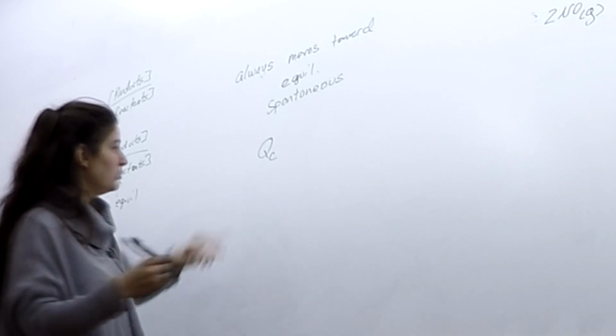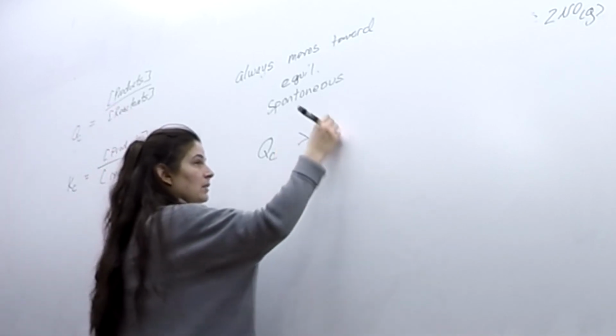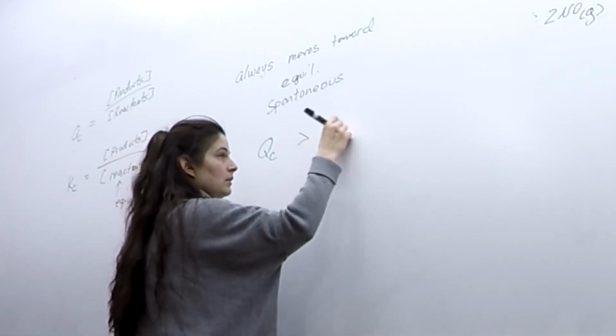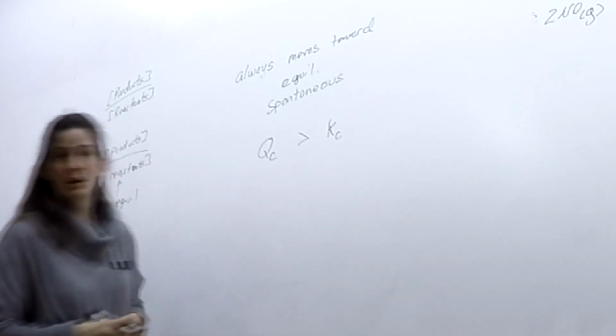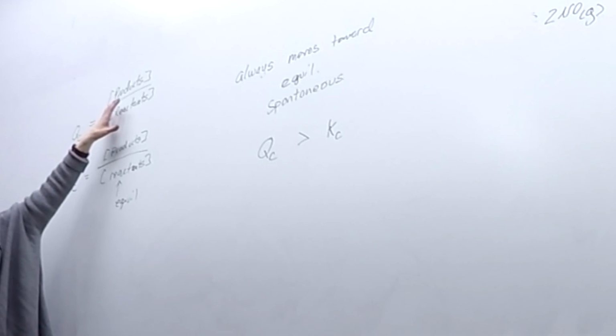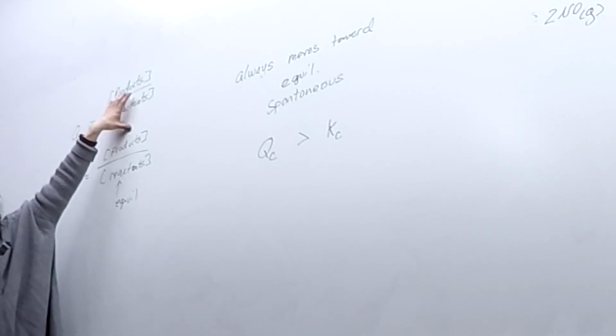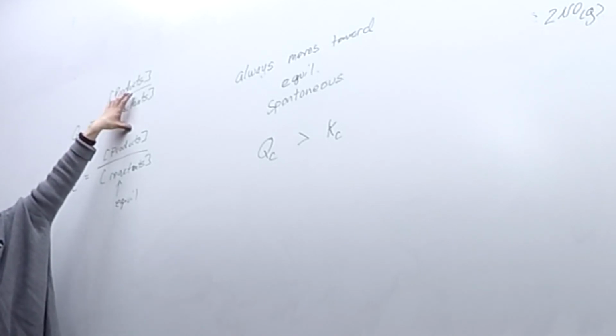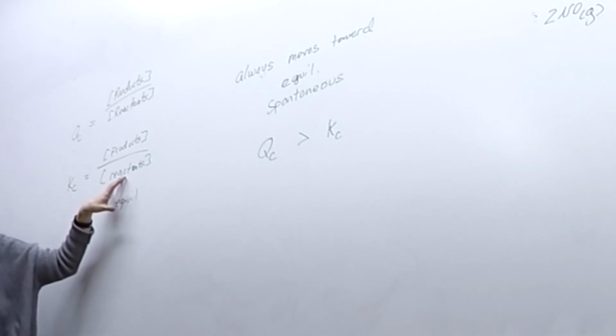So if Qc is greater than Kc, Qc is favoring your products, and Kc being lower may not be.